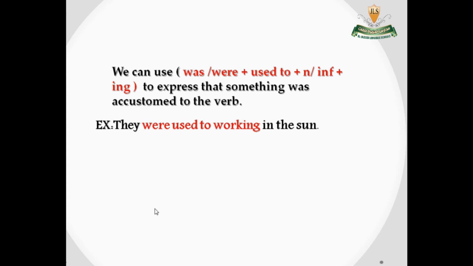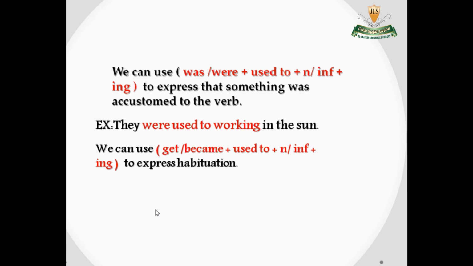Another way to express habituation: get or became plus used to plus noun or verb with ing. I got used to the freezing weather in Canada. Okay, so this is the past simple tense.